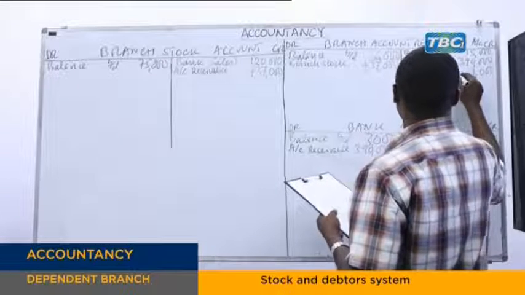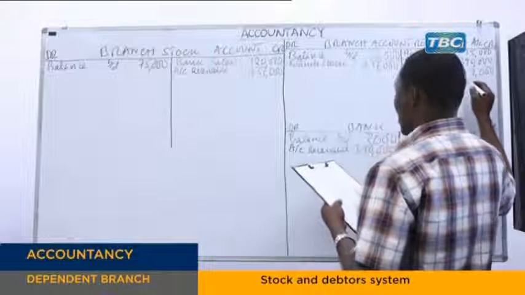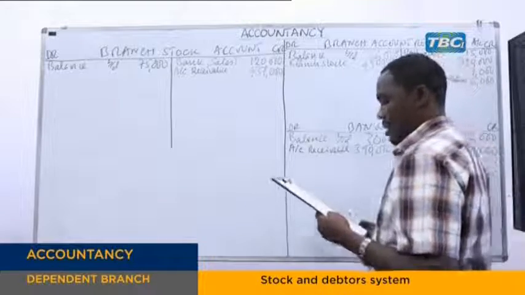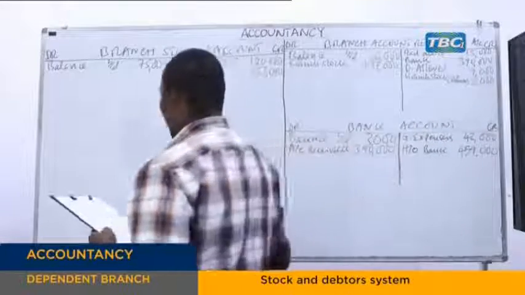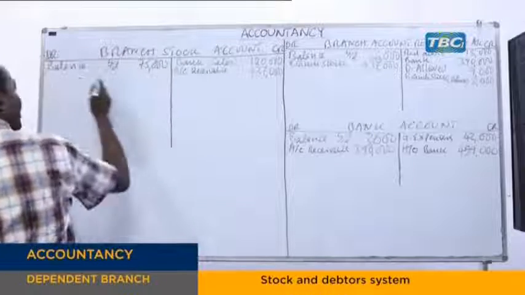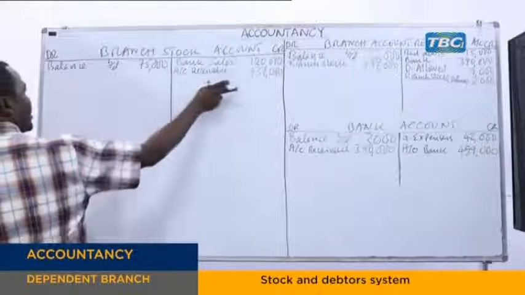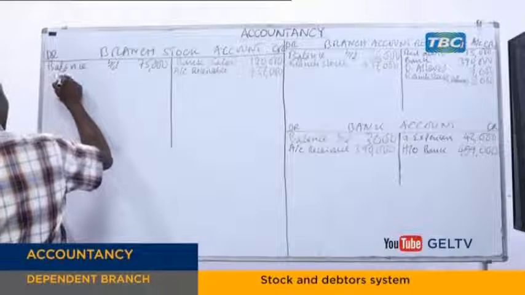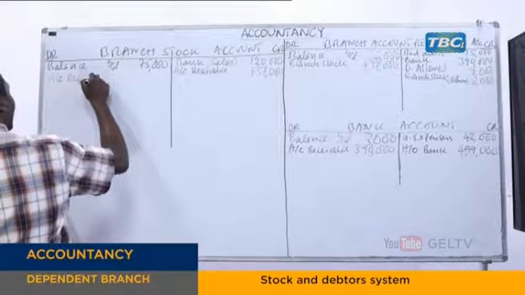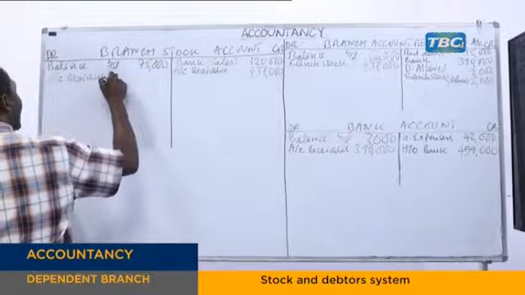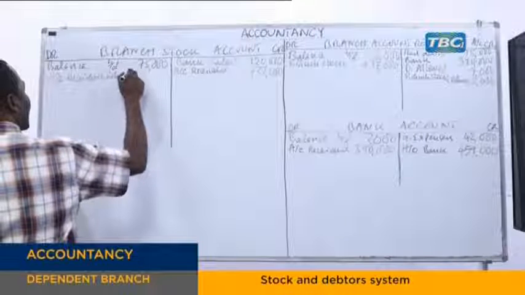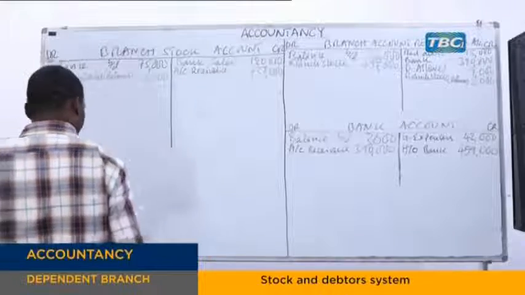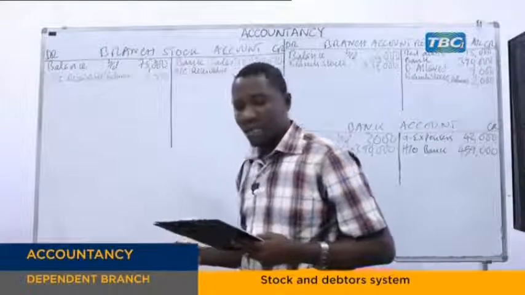But this is returns. How much? 8,000. Normally this is debited here to reduce from our sales by writing account receivable. That was an entry for returns. That was 8,000. Okay.